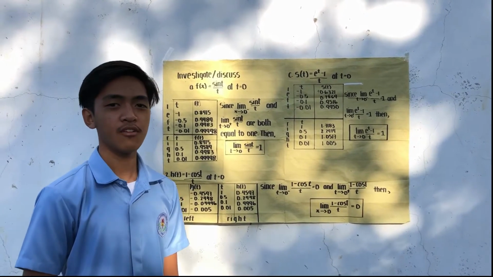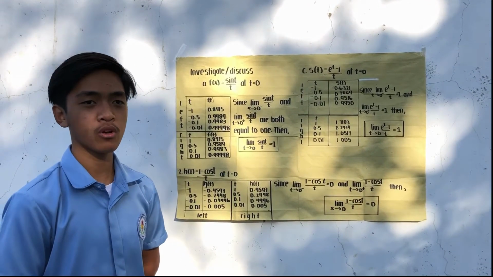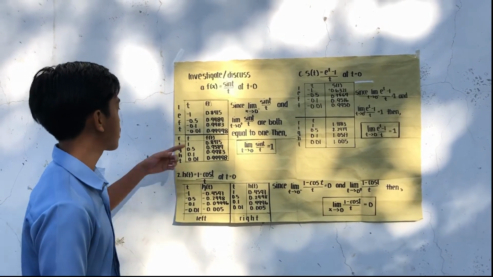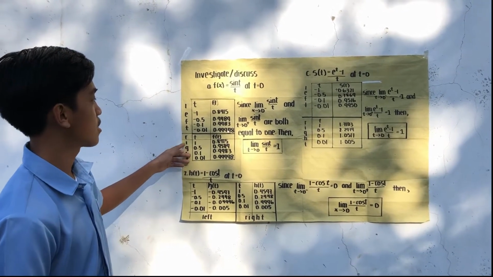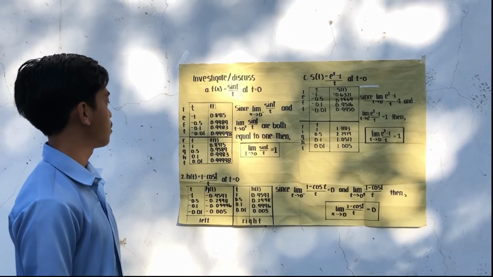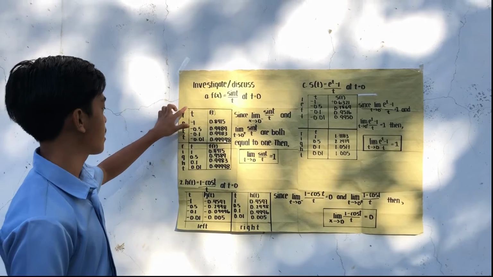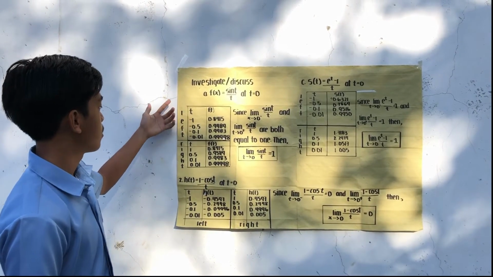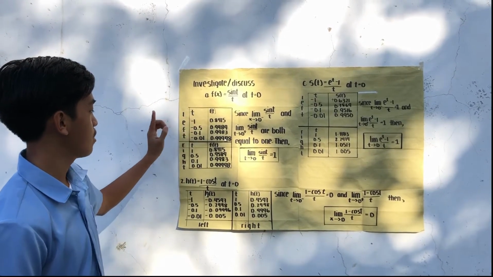Number 1. Given f of x equals sine t over t at t equals 0, we will compute the limit of t. These are the desired values of t that will be substituted here. As we can see, as t approaches 0 from the left, we are approaching 1.